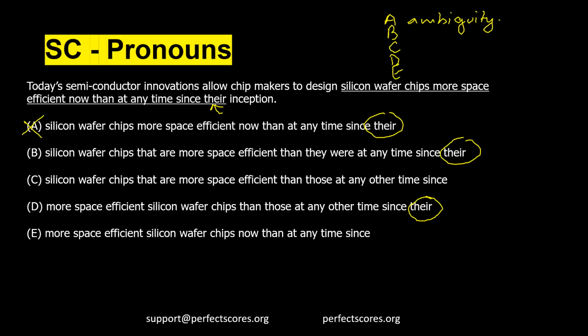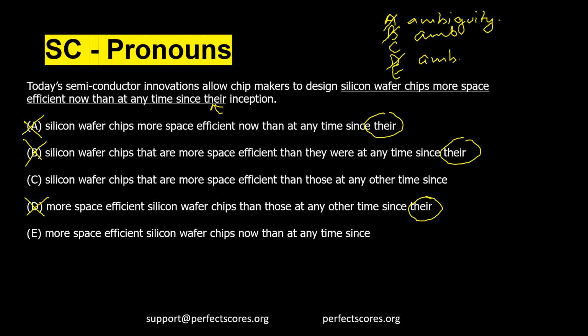And if you look at it, B and D have the same error because they end with "there". If there is ambiguity in the first option, it will be equally ambiguous in B and D. So even without reading B and D in the real test, you should be able to eliminate both of them. So A, B, and D are all gone because of ambiguity.